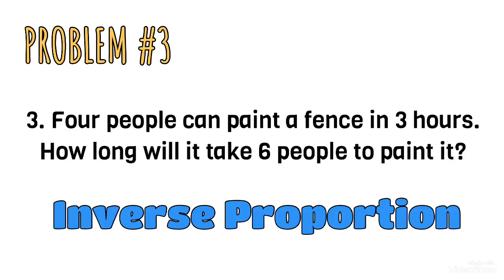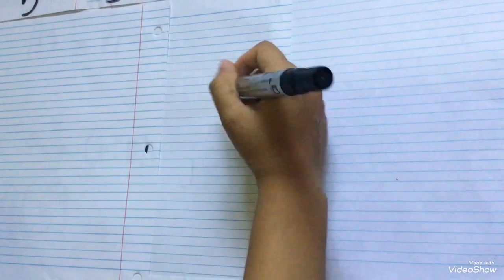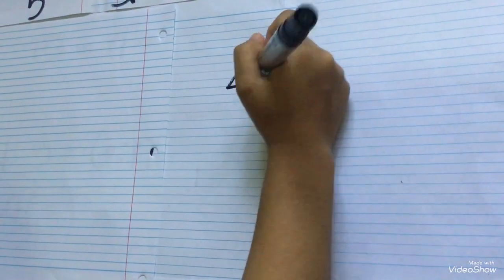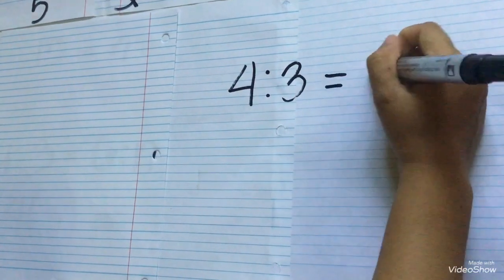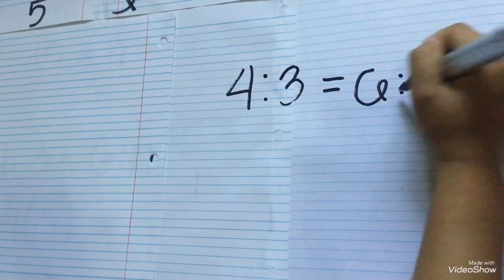Problem number 3. It is an inverse proportion because as the number of people increases, the number of hours decreases. 4 is to 3 is equal to 6 is to n.